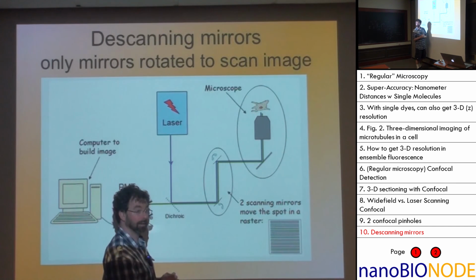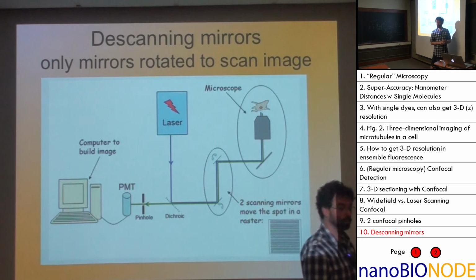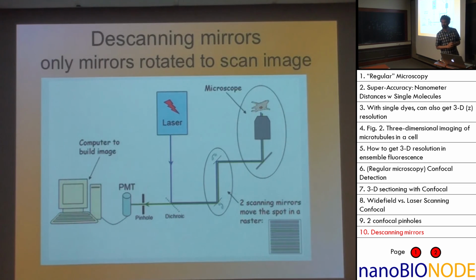What is the limit in terms of how many you can have? Is that what you're asking? Yeah, because I guess imagine on a regular confocal, part of the limit in how well you can image an area is just how small the different movements you can make from one spot to the next are. Or is that not the case?